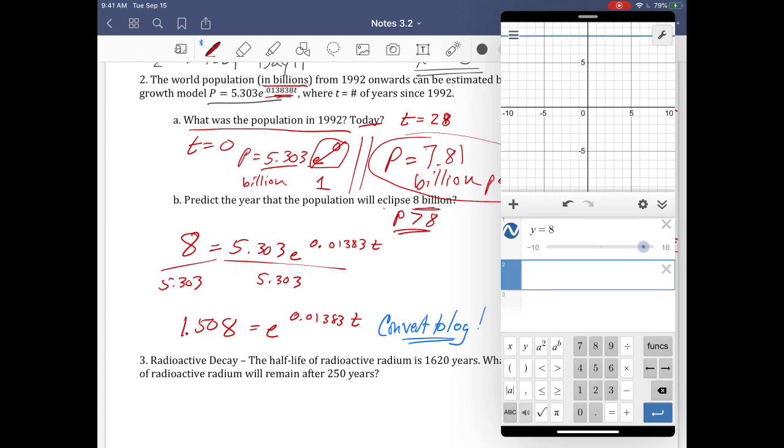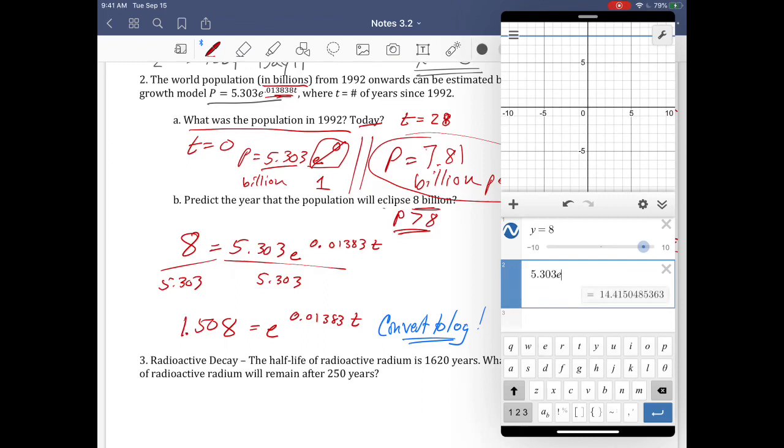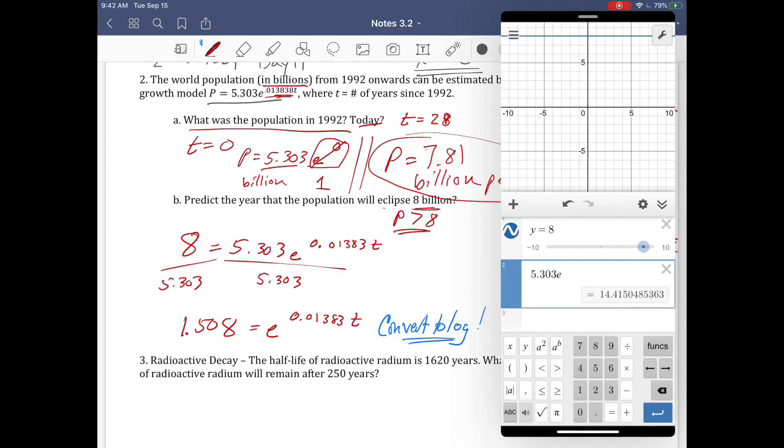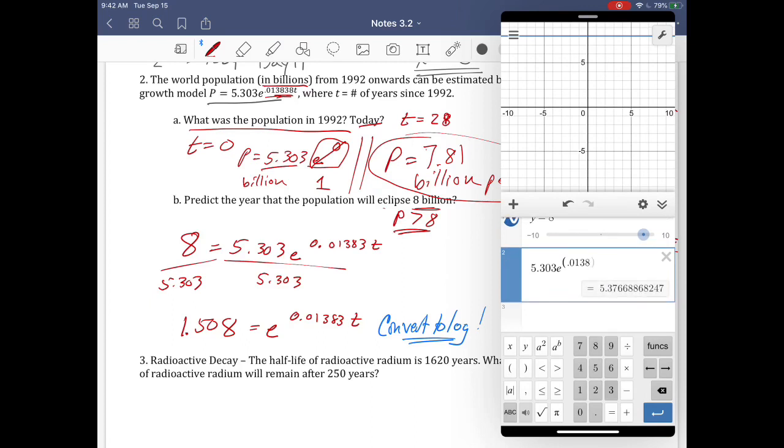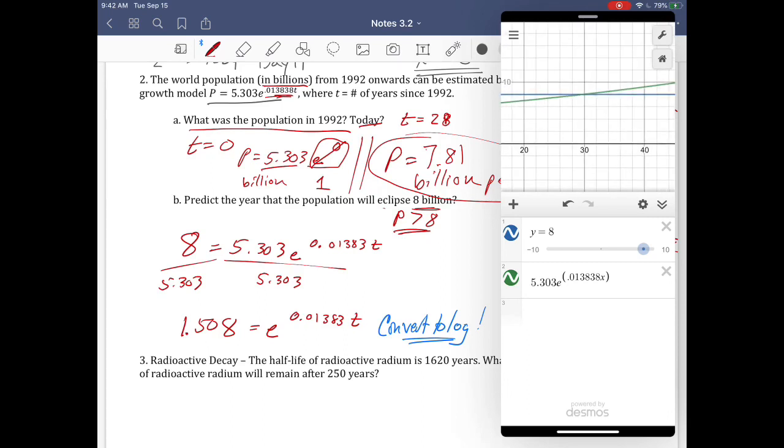And then we could graph 5.303 times e to the 0.013838x, and we find out where those meet. 29.7 years from 1992 is when it hits 8 billion.